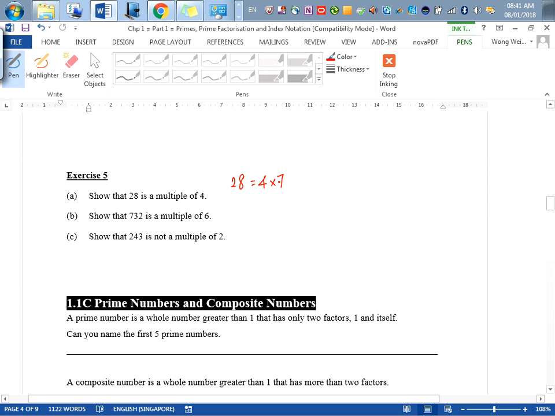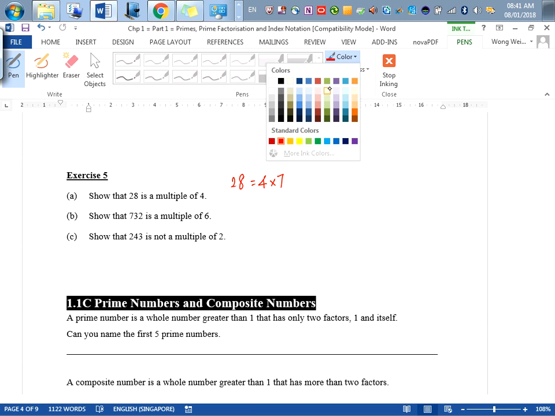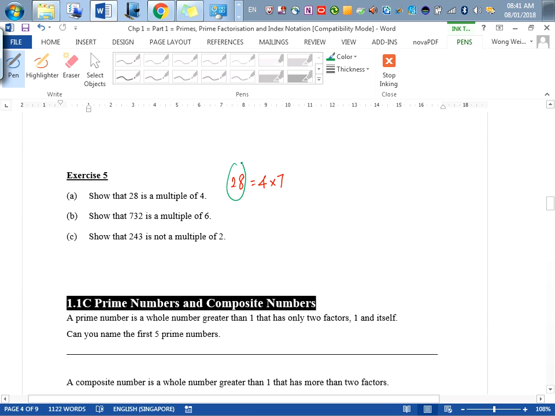Can we write this line easily? So what does this tell me now? This tells me that 28 is a multiple of 4.